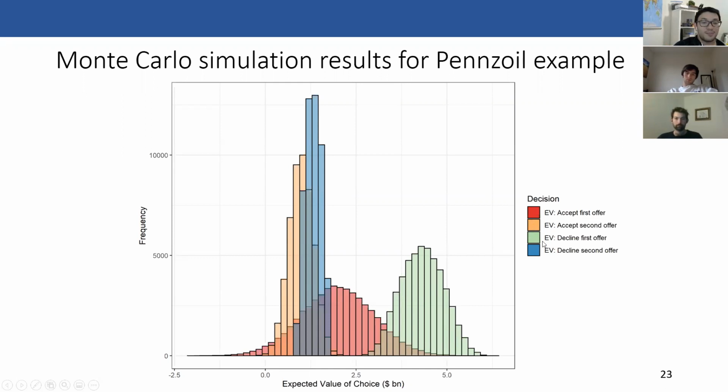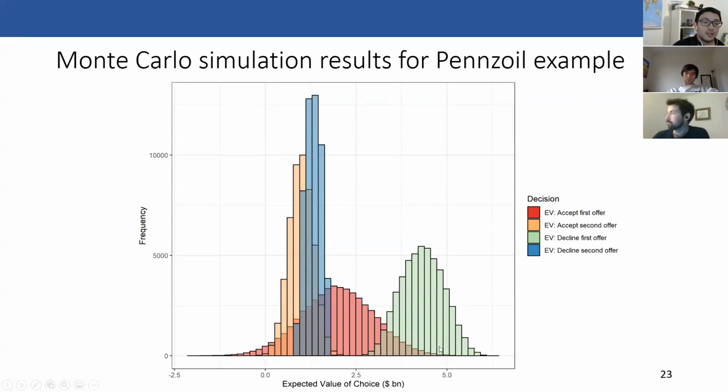Which means that I'm more inclined to decline the first offer. And there are some instances where the red can be higher than the green, but you also have to take note that some of those values can be correlated. So you may or may not ever be able to get a result where the green is actually lower than the red. I'll show an example of how to think about that in a moment.